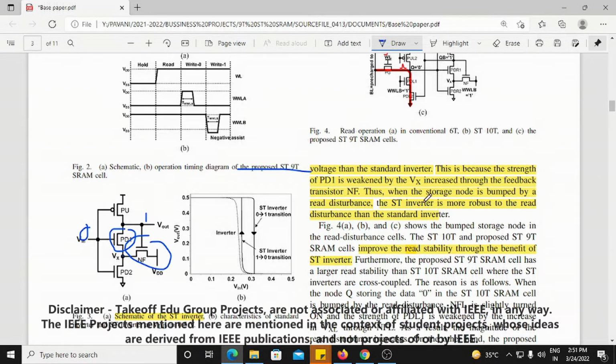So Vx is increased through the feedback transistor NF when the storage node is bumped by a read disturbance. The ST inverter is more robust to read disturbance than the conventional inverter. When Vx voltage increases, read failure occurs. By using the ST inverter we can avoid such instances.